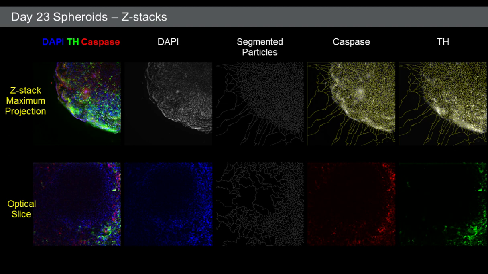So we try to focus on single cells within these densely packed organoids by segmenting the images on DAPI, as you see in the image in the center of the row, and exclude larger areas where DAPI-positive nuclei overlap. Then we score each of those segmented particles for the intensity of caspase-3 and the intensity of TH. This is how it looks if you were doing this on a Z-stack projection.